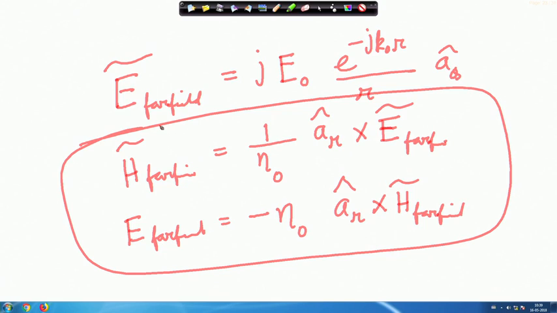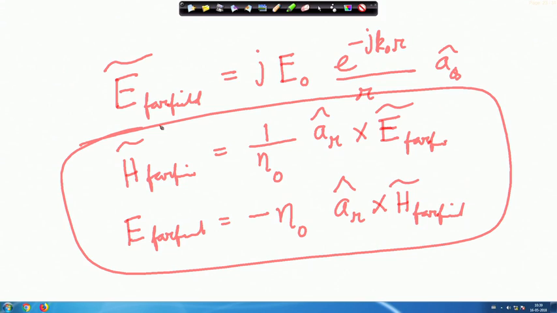So, they are locally plane wave, but not strictly speaking plane wave, because if they were plane wave, this e to the power minus j k naught r by r term won't come. So, it is this division by r that distinguishes it from a plane wave, but at a sufficient distance, locally over certain distance, we can consider it as a plane wave.